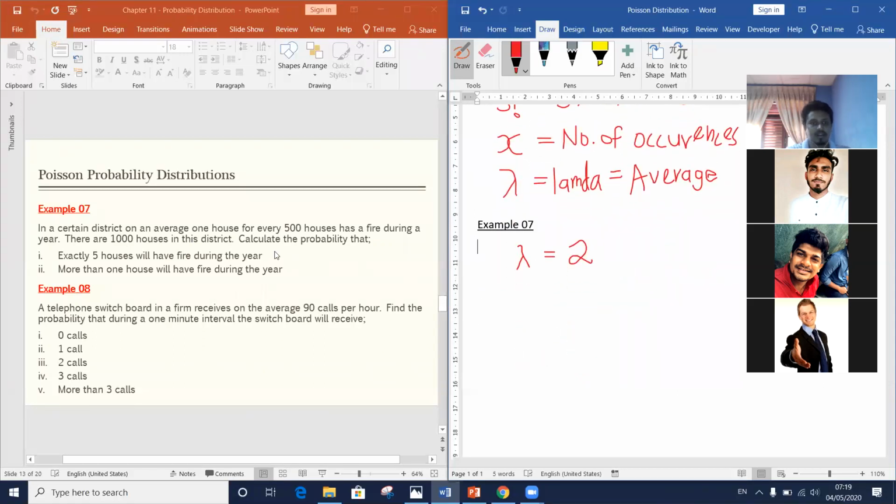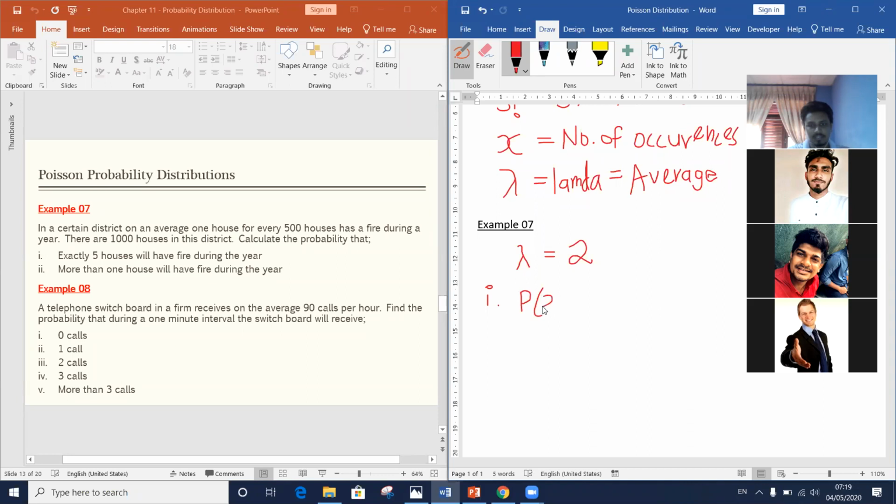Right? Okay. So knowing the lambda value is 2, now we want to calculate the probability that exactly 5 houses will have fire during the year. Part 1. Probability of how many occurrences?